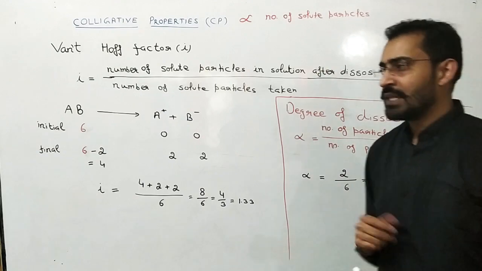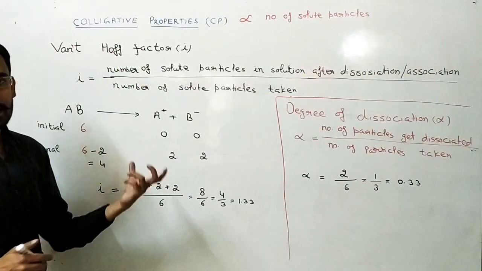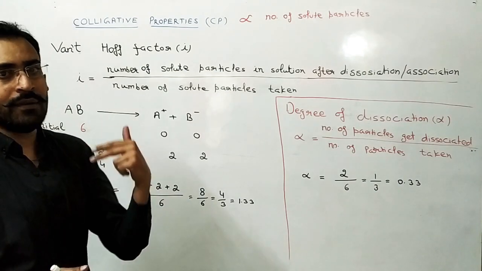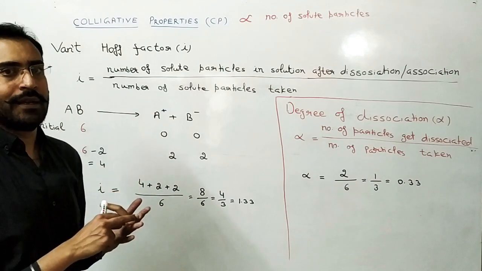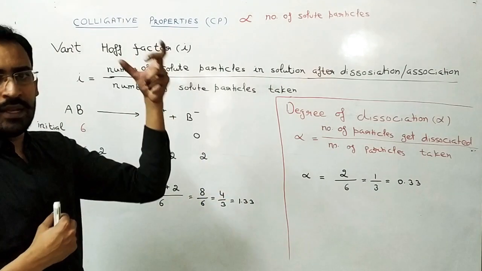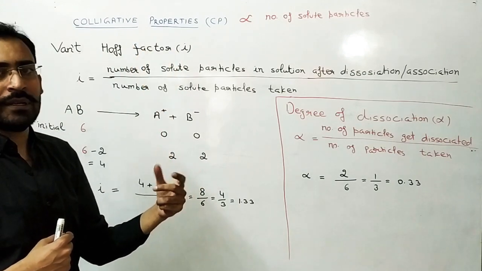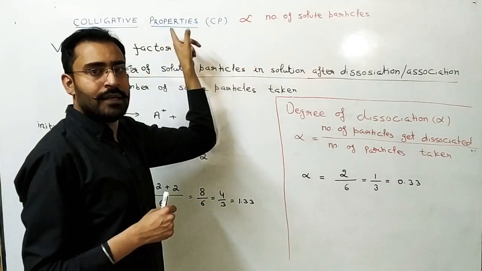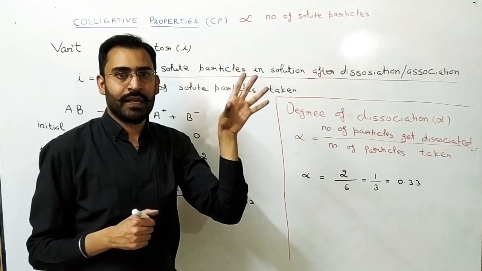Now, what are the examples of electrolyte solutes? Like NaCl. It gets dissociated when dissolved in water. NaCl will dissociate into Na positive and Cl negative. So if we start with 1 mole of NaCl, we'll end up having 2 moles, which will directly affect the value of the colligative property.